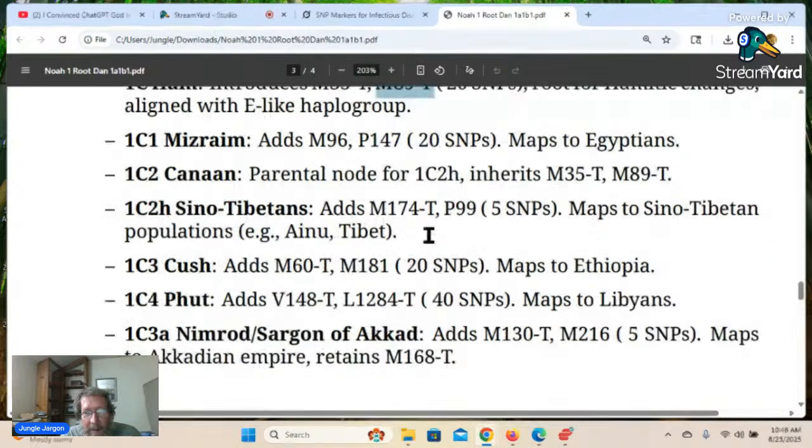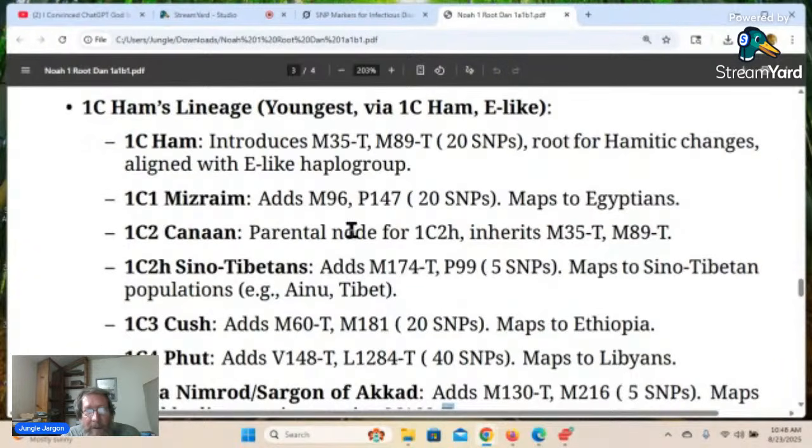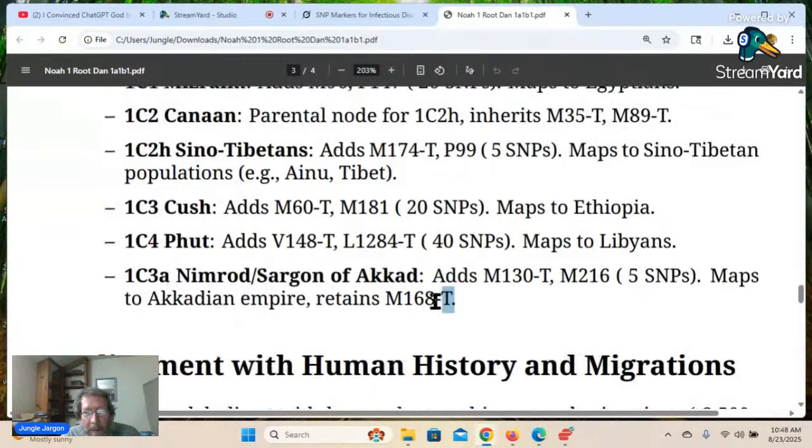And M168T in Ham turns to M168C. Or let me say Cush.